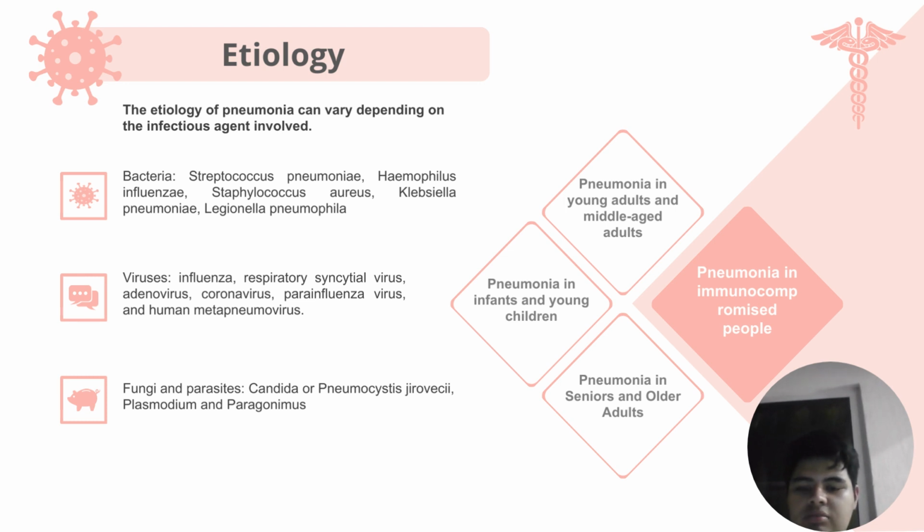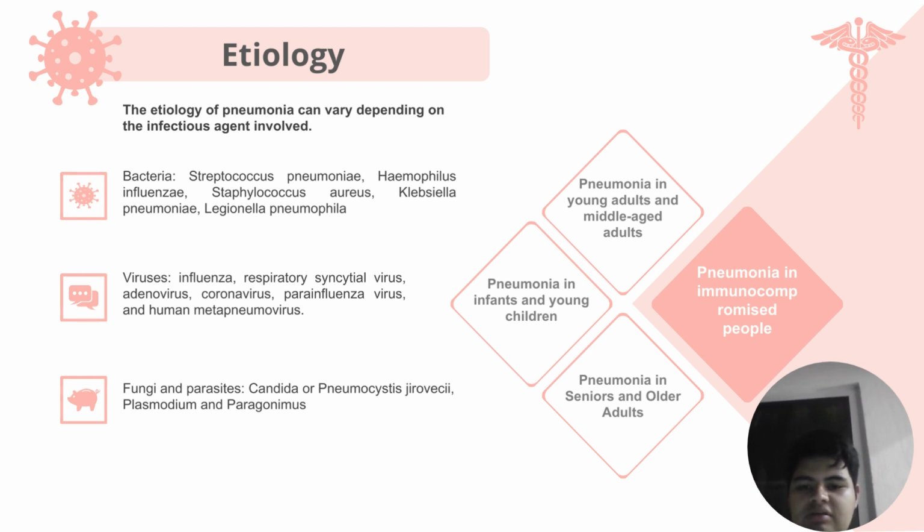Pneumonia in immunocompromised people. In people with weakened immune systems, such as those with HIV, AIDS, organ transplant, or receiving chemotherapy, a wide variety of infectious agents can be present, including bacteria, viruses, fungi, and parasites.